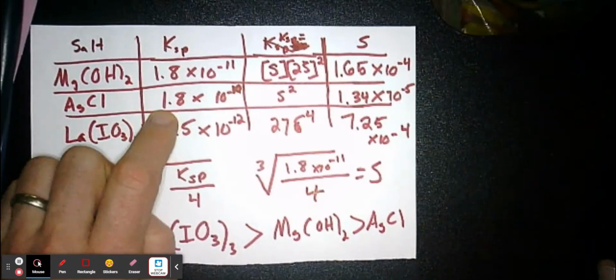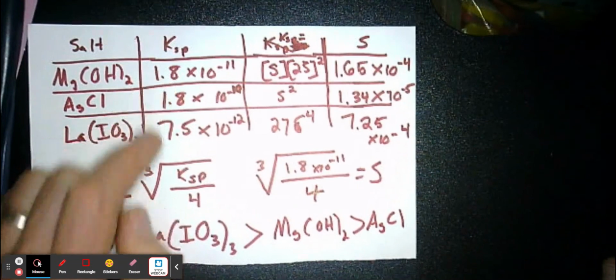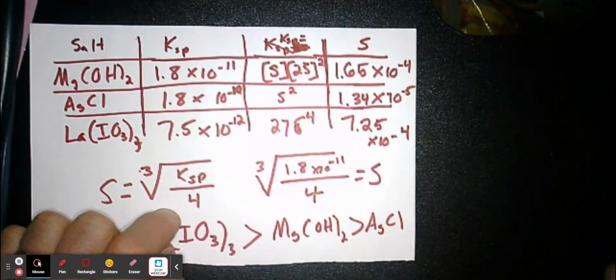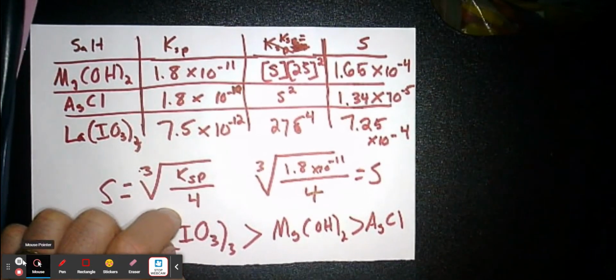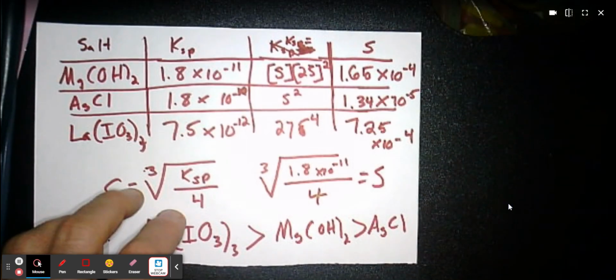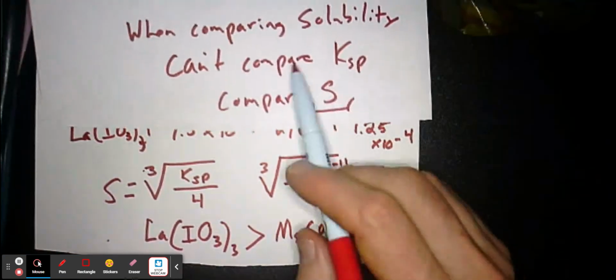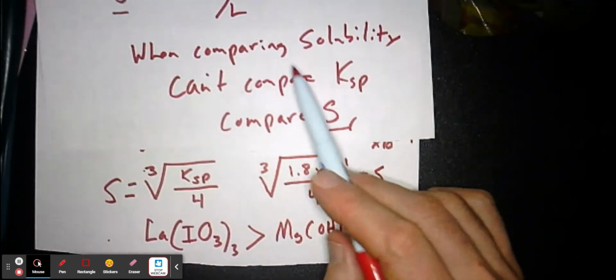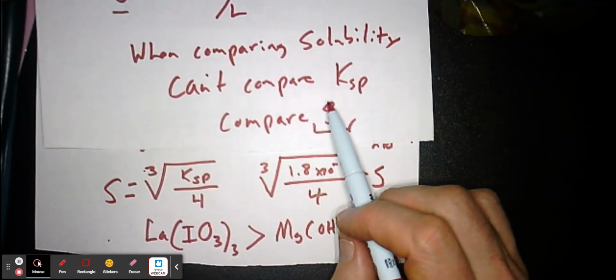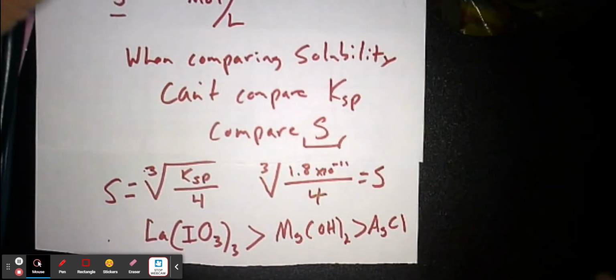Even though silver chloride has got the largest Ksp value. And that's why we need to use our molar solubility to compare how soluble something is, to determine which is more soluble, not the Ksp values. All right, hope this has been helpful.